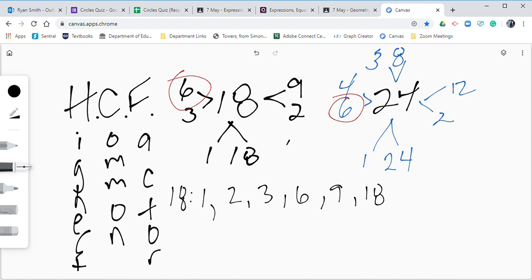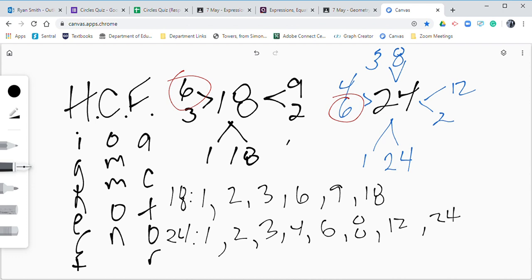And the factors of 24, your teacher probably said 1, 2, 3, 4, 6, 8, 12, and then 24. And then you saw, oh, those are the two highest numbers in common. The highest common factor of 18 and 24 is 6. And that would be one way of thinking about it.